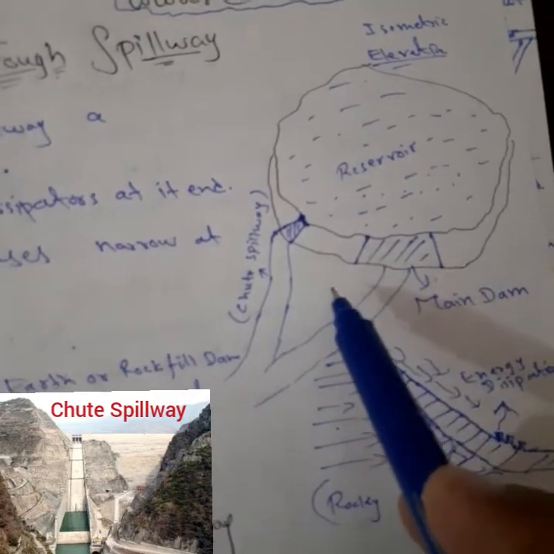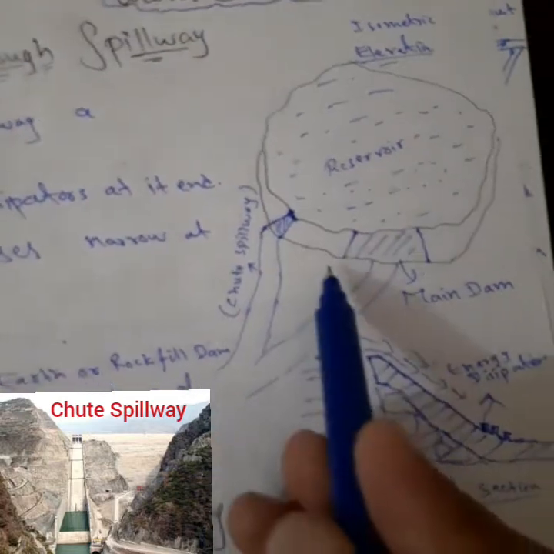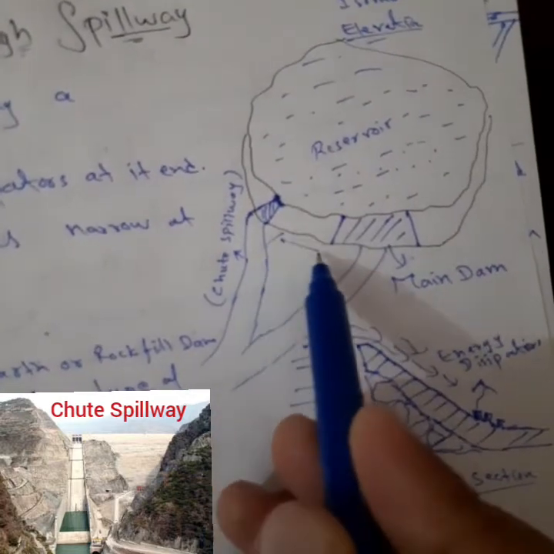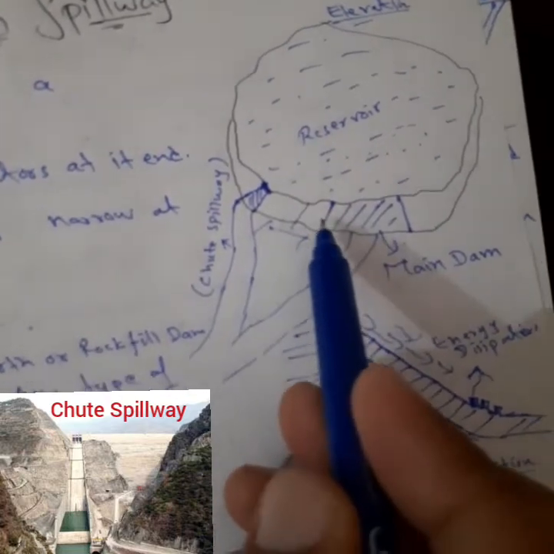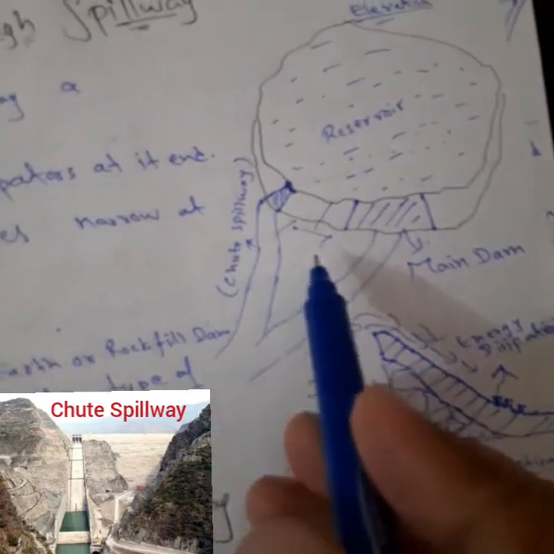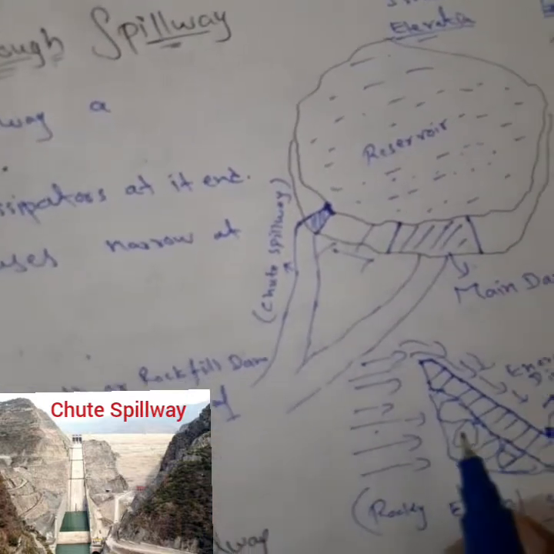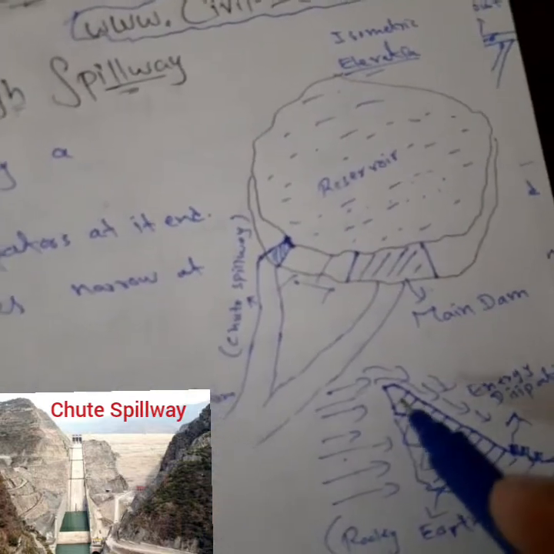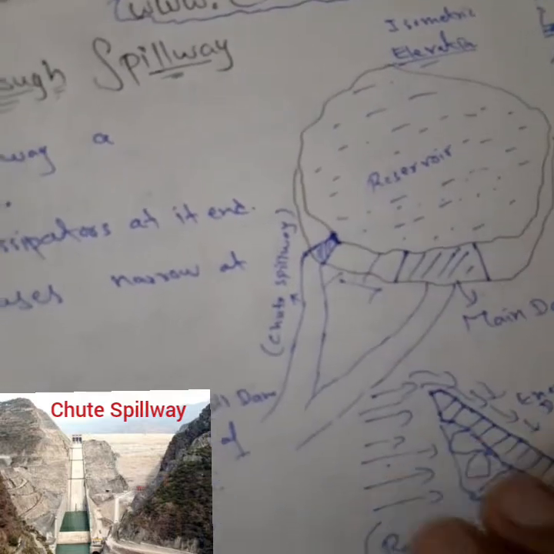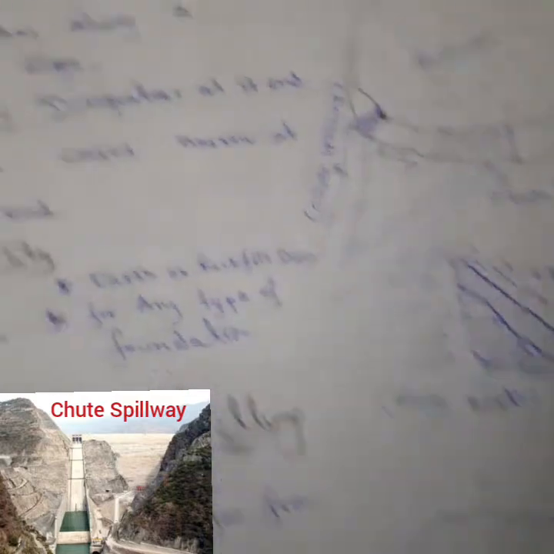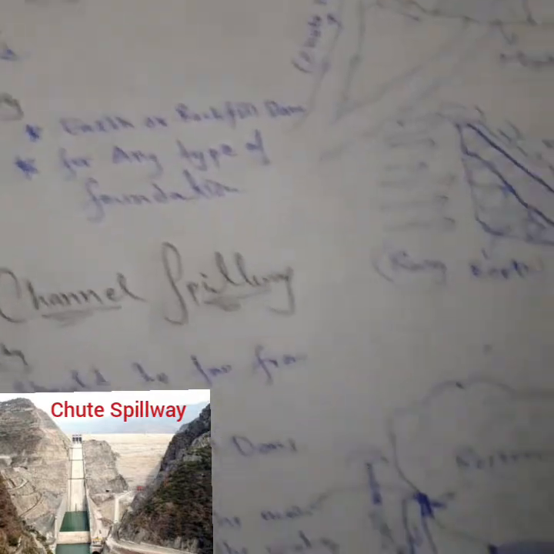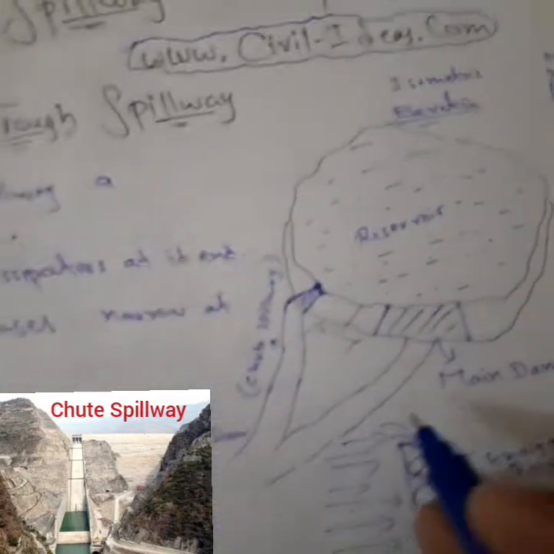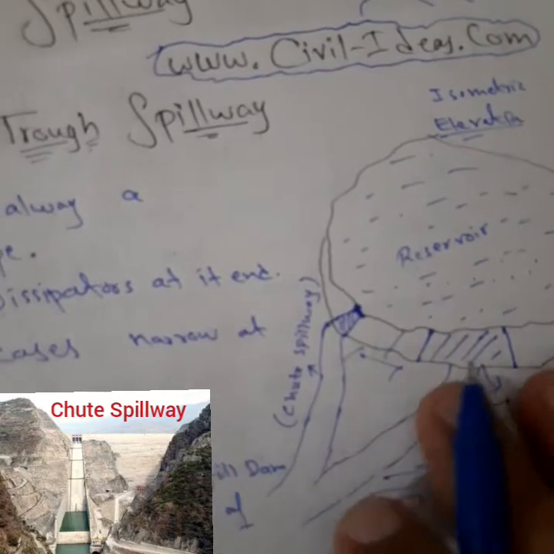It is constructed a little bit far away from the dam site. It can be constructed along the abutment of the dam also, but it depends upon the area, but not too much far away. And now we'll discuss the next type, which is very far away from the main dam, but nearly to the main dam.